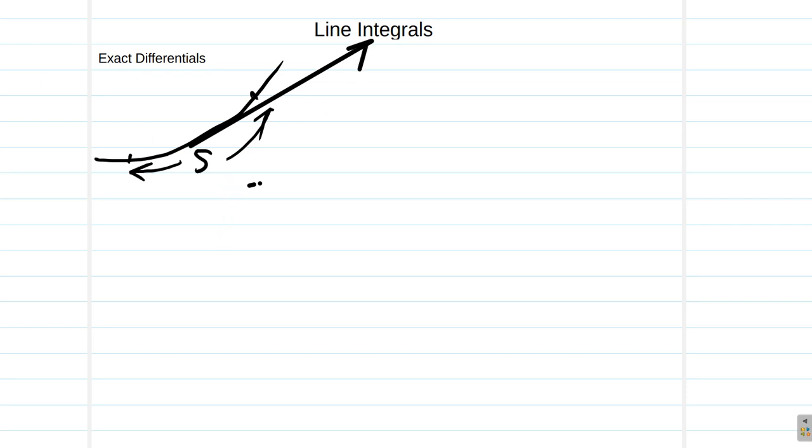And if we cut this curve into more and more parts and add them up, eventually, when you go from A to B, you would have more than one tangent, and you keep adding up the S's.